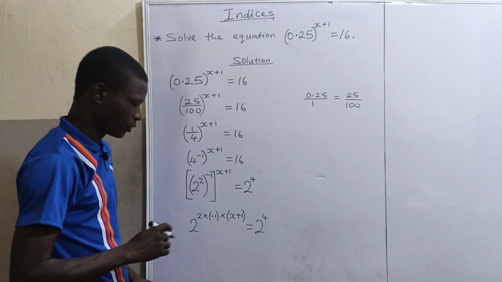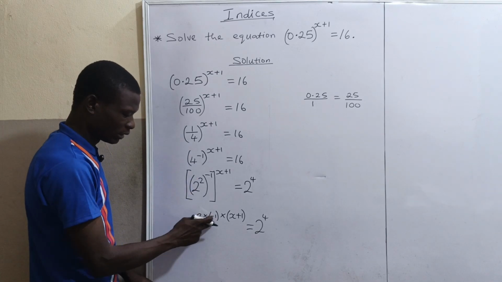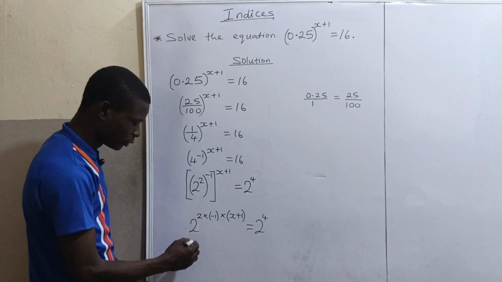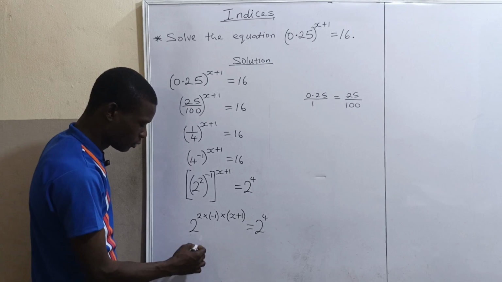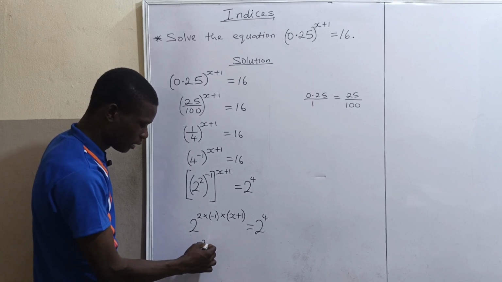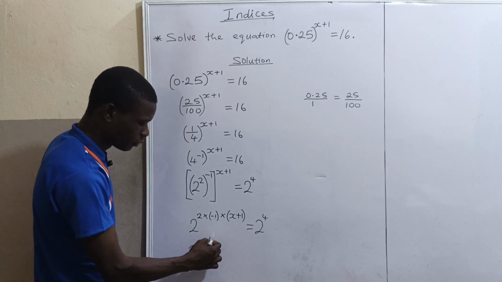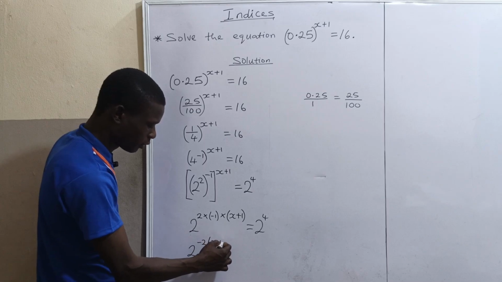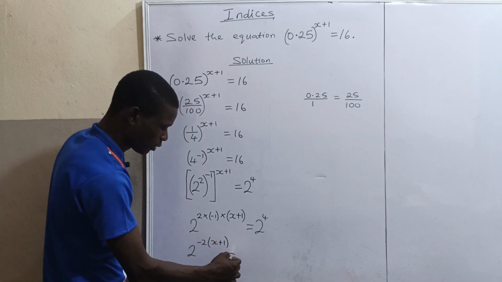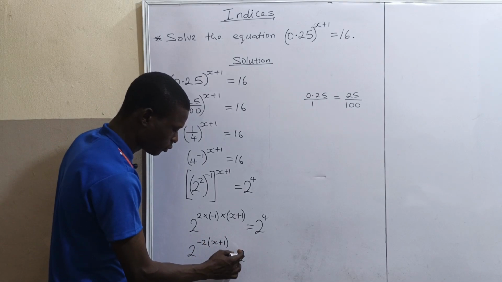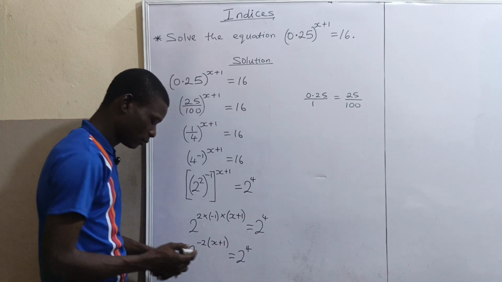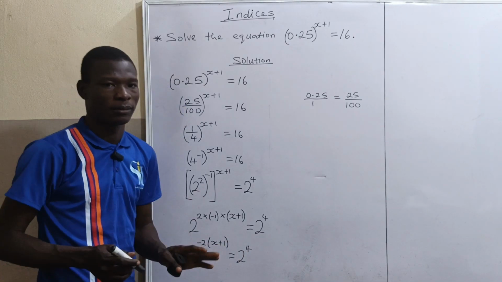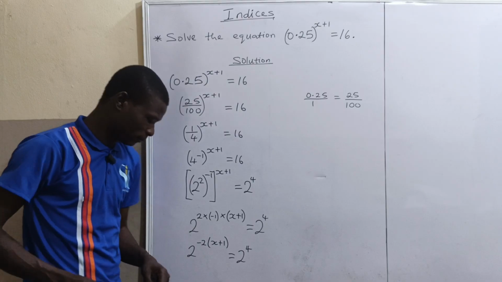Follow me, no issues. 2 times negative 1 is negative 2. So that becomes 2 to power negative 2, bracket open, x plus 1 equals 2 to the 4th power. I'm taking them one step at a time because we don't need to rush ourselves.